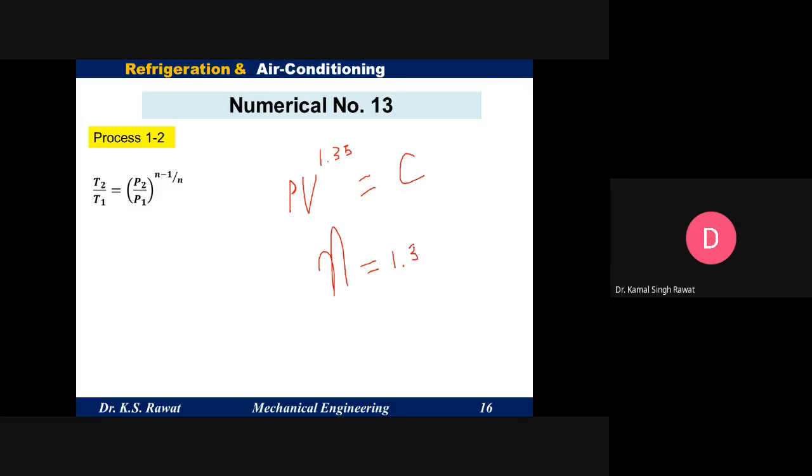Instead of gamma, we use n to calculate the temperature T2.